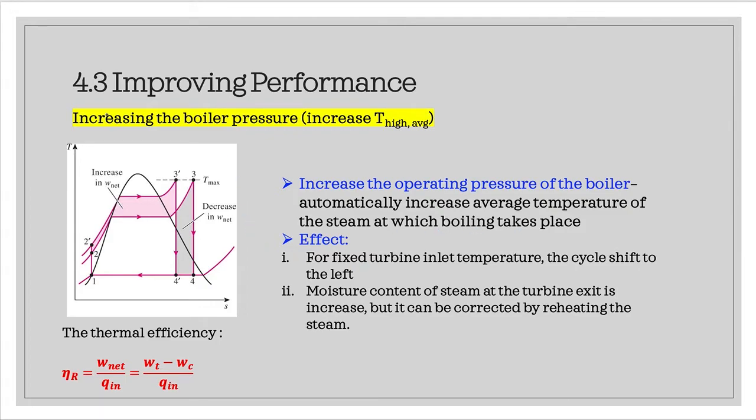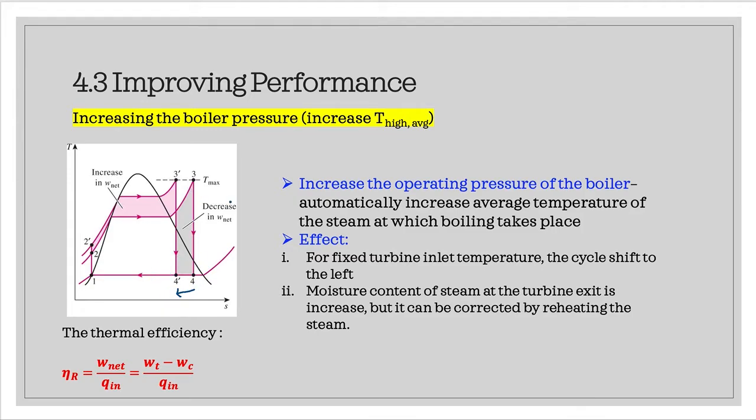Okay, so what is the advantage of increasing the boiling pressure? We can see here that it will increase the W net, and we can see that the moisture content of the steam at the turbine is also increased, that it will move from right to left.